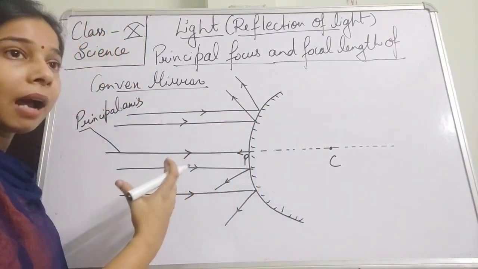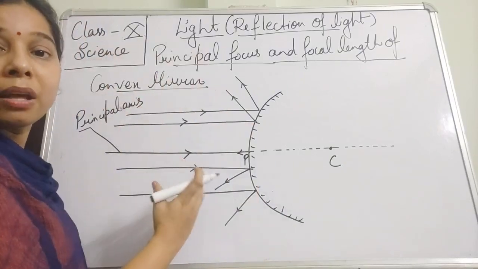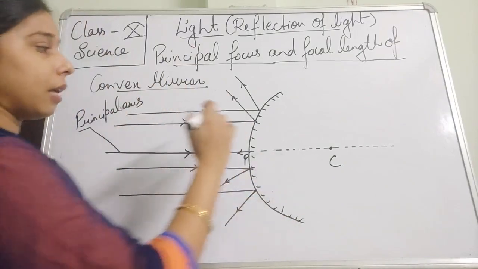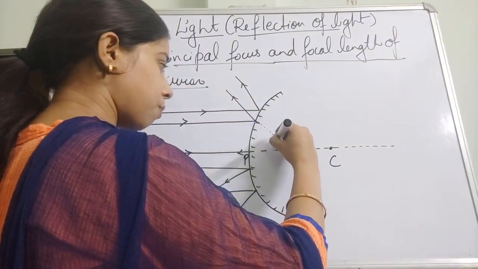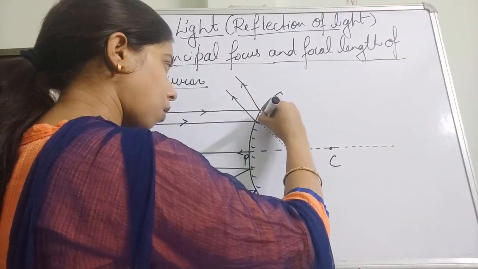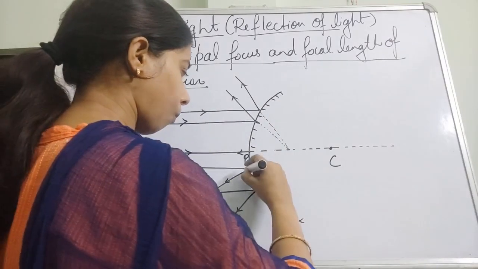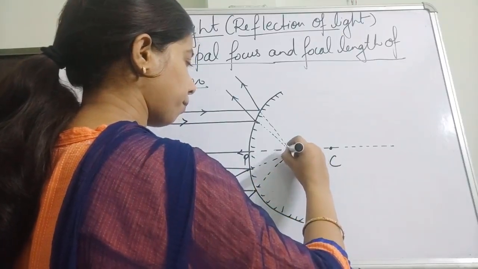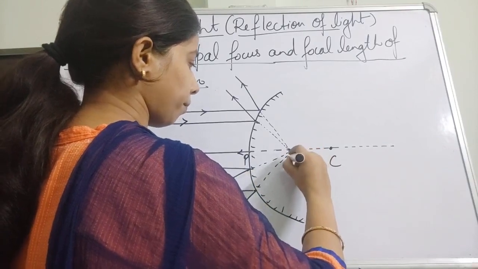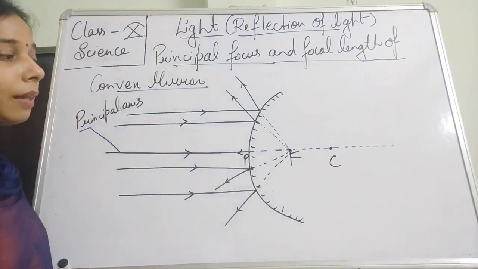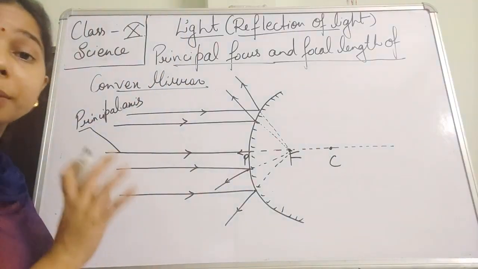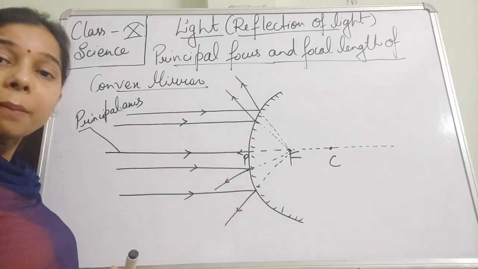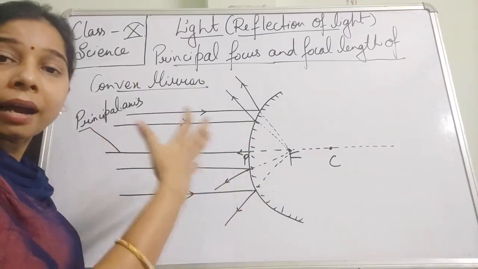So it seems that somewhere behind the mirror they meet at a point on the principal axis, and then they diverge. If we stretch the rays backward, you can see that the rays are actually not meeting at a point, but they appear to have met at a point somewhere behind the mirror.